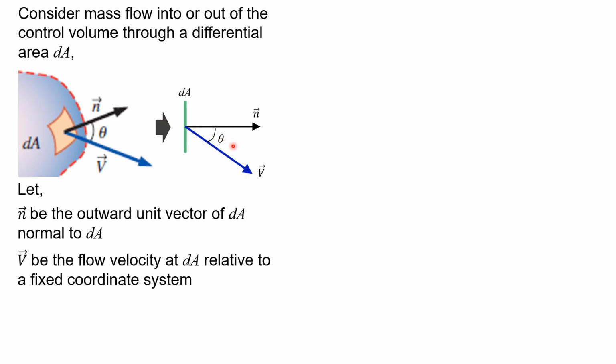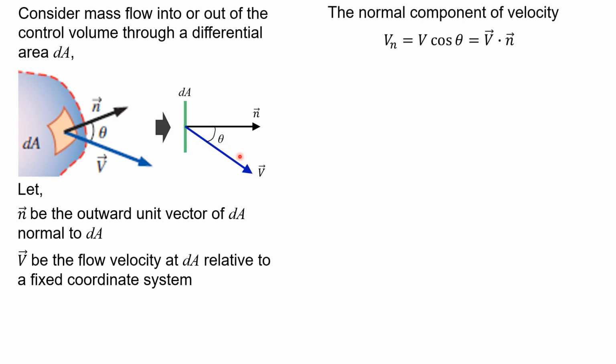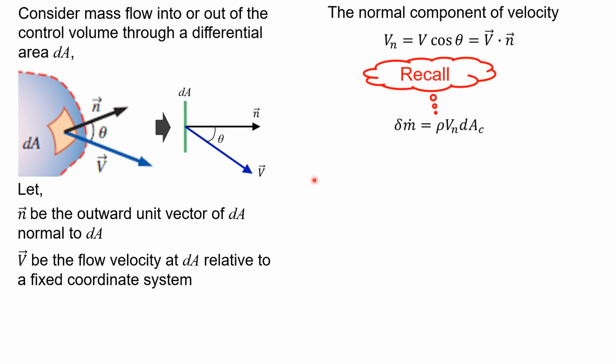Based on mathematics, we can calculate Vn equals V cos theta, or V vector dot n vector, the dot product of both these vectors. Okay, so if you recall the formula that we have created earlier.